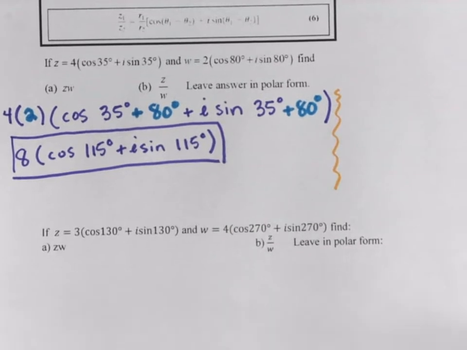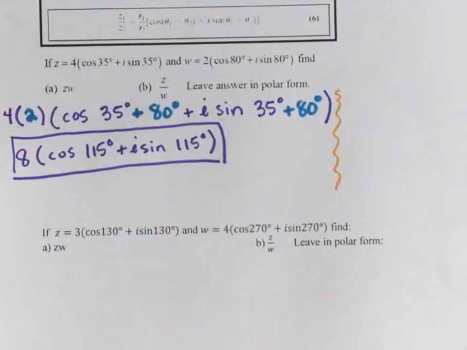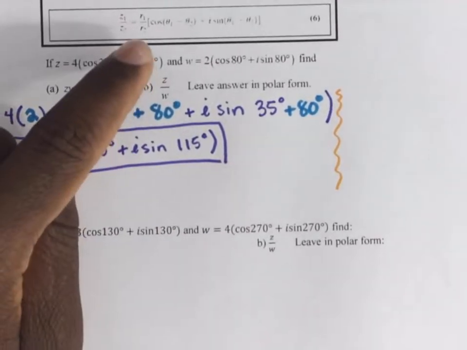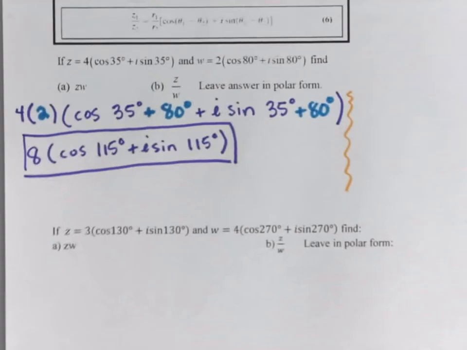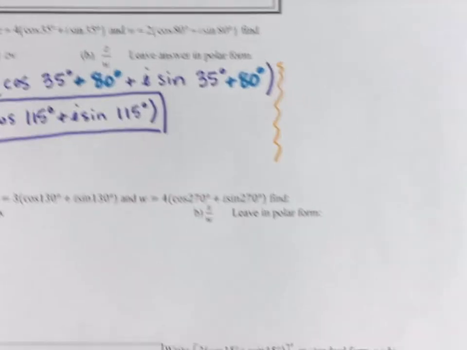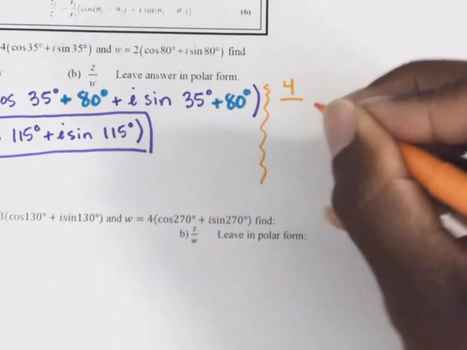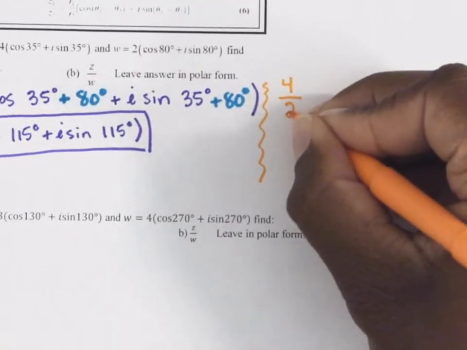All right, so let's divide the two. Any questions on multiplying? You multiply the r's and you add the angles. When you divide, you divide the r's and you subtract the two angles. Okay, so we got the same two points. This time I'll do z's r divided by w's r.